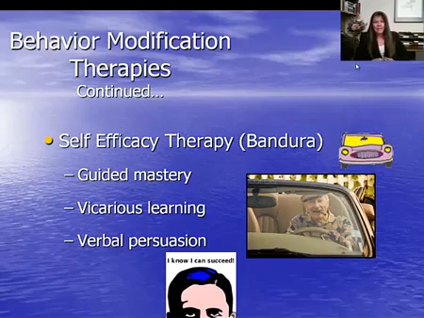Now, self-efficacy therapy is usually used to prompt a positive behavior, to encourage a positive behavior, okay? And in this case, I want you to imagine, let's say, a widowed woman, whose husband always did all the driving, and her husband has died.